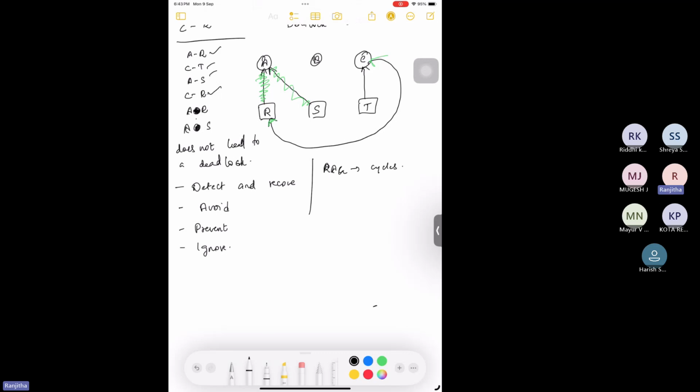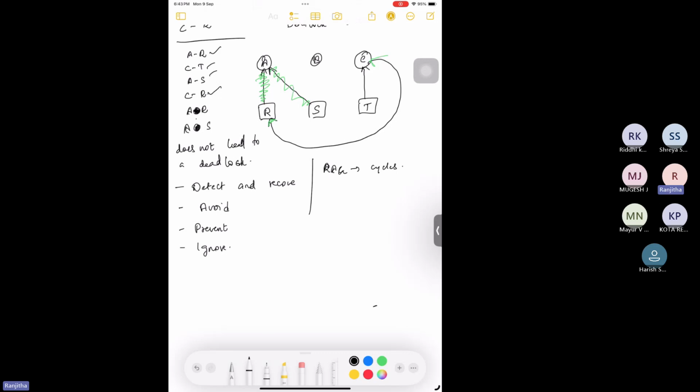But most of the time there will be multiple instances of the resources, so checking for a cycle will not help. A cycle doesn't always say that there is a deadlock when the number of instances is more than one.